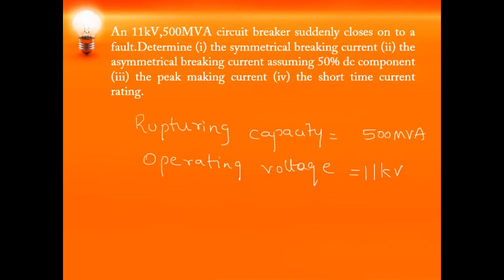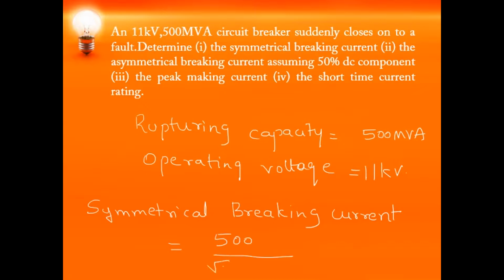First thing, we have to find the symmetrical breaking current. We will use the same formula. Symmetrical breaking current is nothing but the rupturing capacity in MVA, here 500, divided by root 3 into the operating voltage in kilovolt.